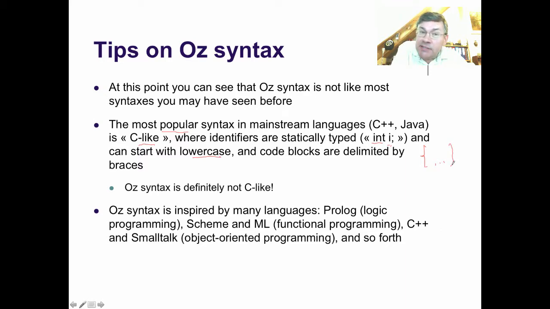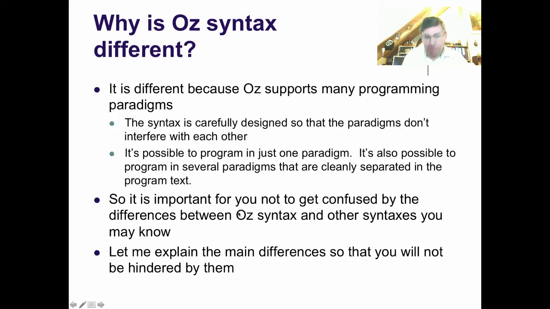So the Oz syntax is definitely not C-like. In fact, Oz syntax is inspired by many languages: Prolog from logic programming, Scheme and ML from functional programming, C++ and Smalltalk from object-oriented programming, and so on.